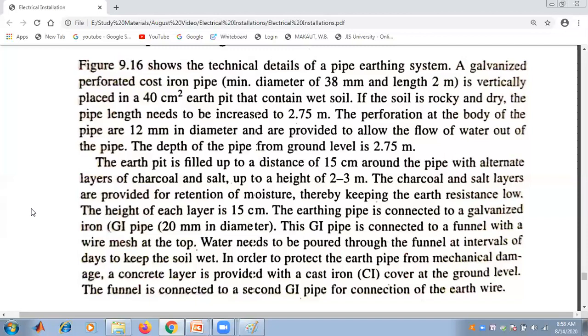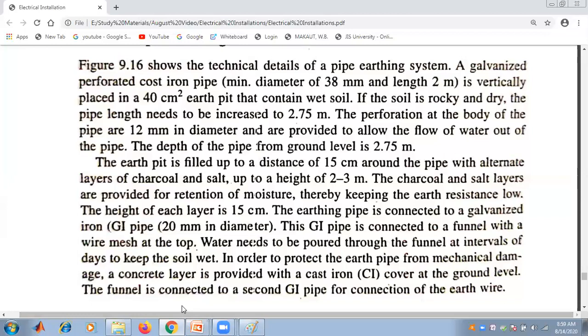Water needs to be poured through the funnel at intervals of days to keep the soil wet, in order to protect the earth pipe from mechanical damage. A concrete layer is provided with a cast iron, that is CI, cover at the ground level.